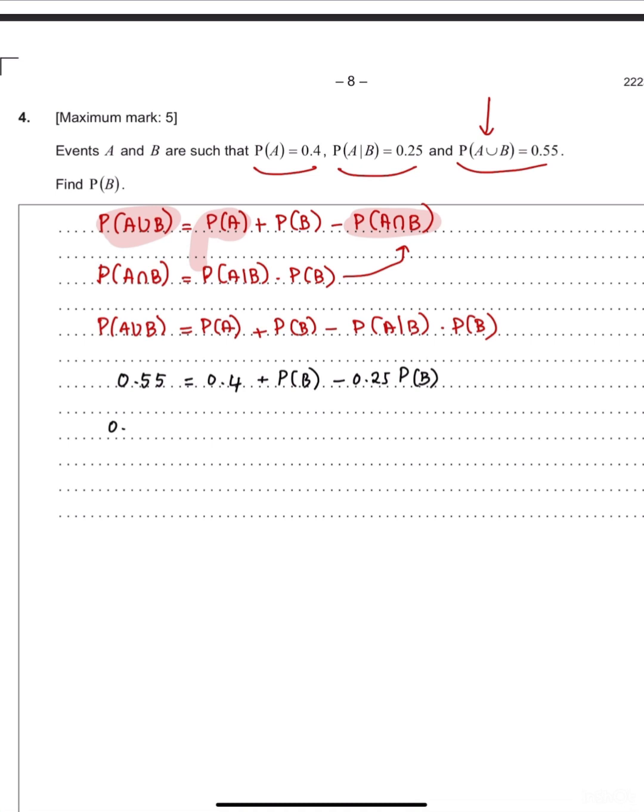So 0.55 minus 0.4 equals 1 minus 0.25, that will be 0.75 P of B, so 0.15 over 0.75 equals P of B. So we can consider P of B is equal to 1 over 3.